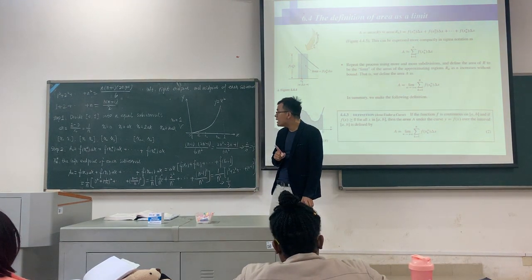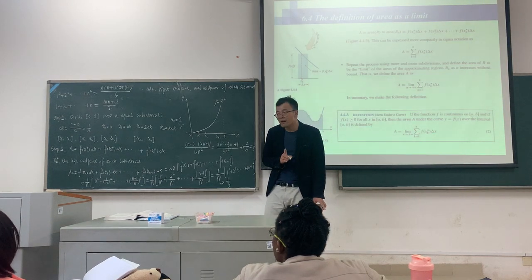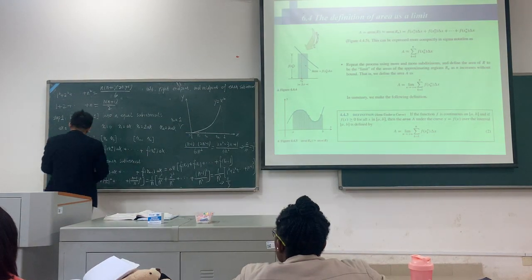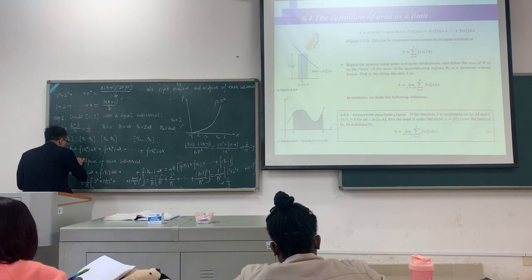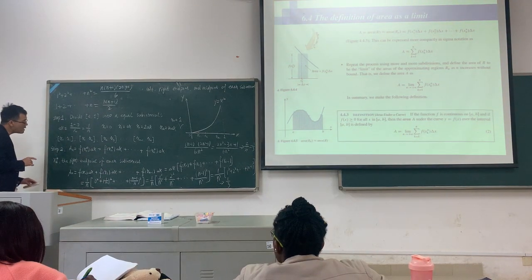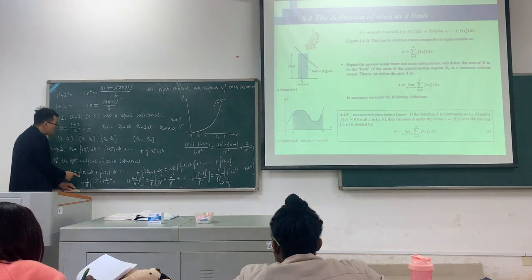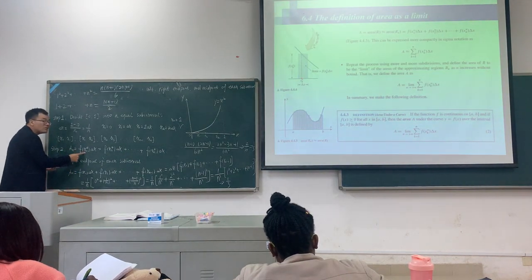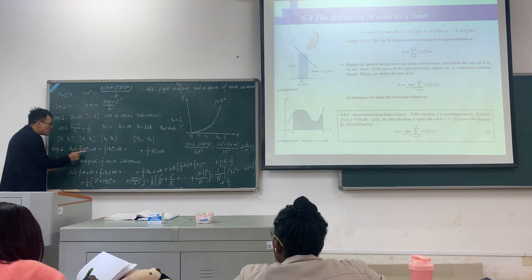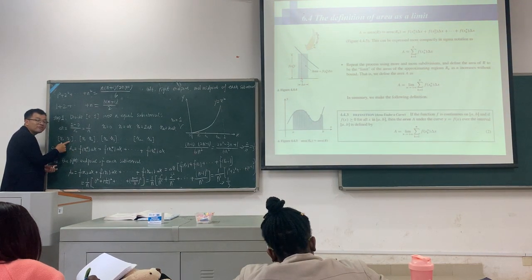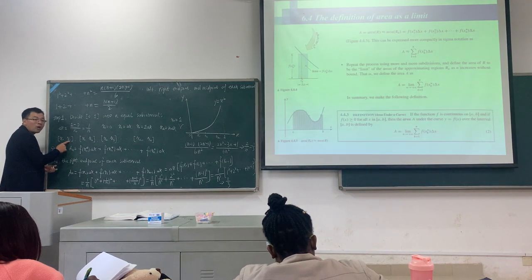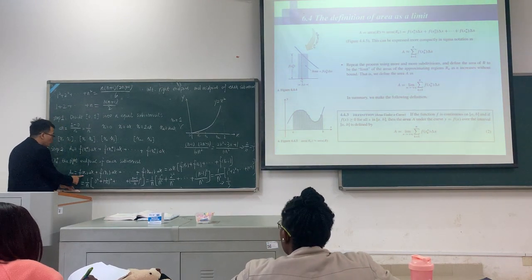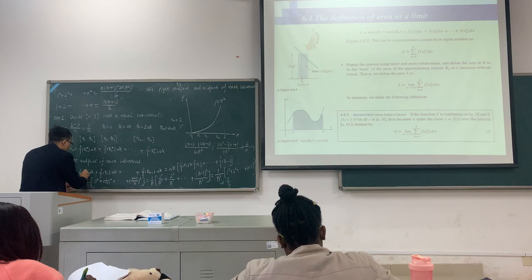Okay, the left endpoint. Now, if we use the right endpoint, here means what? Here it means that x1 star takes the right endpoint of the first sub-interval, yeah? So x1 star takes x1.